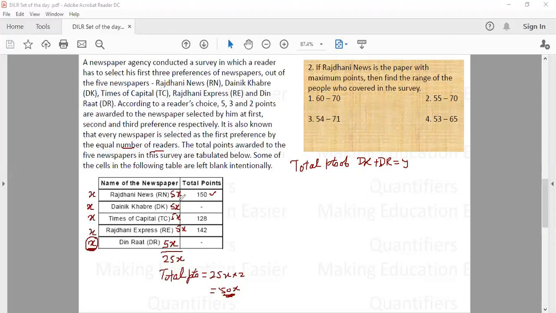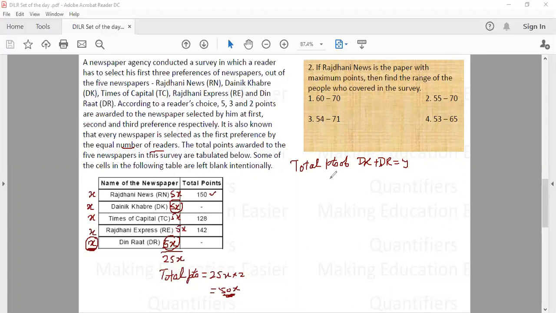And since Dainik Khabre is at least getting 5x points, as well as Dinrat is at least getting 5x points, since these two papers were given first preference by X people, which is also the number of people who have given the first preference to the other papers also, both of these papers must have got at least 5x points.